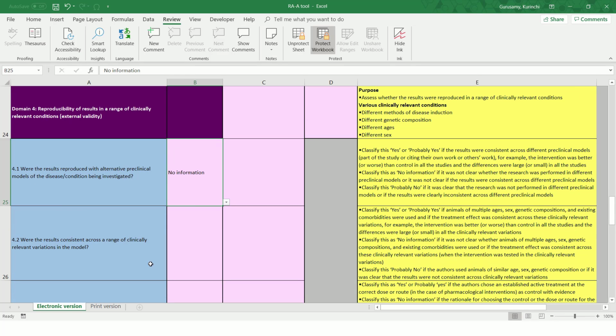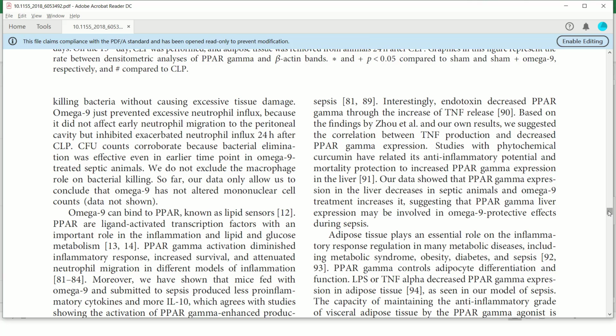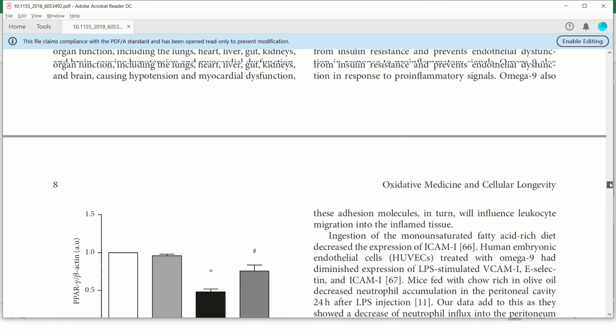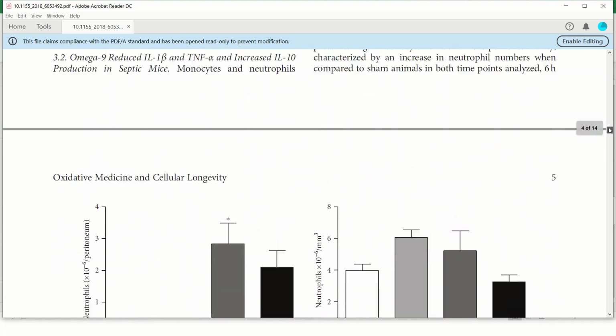Okay, so now next is, were the results consistent across a range of clinically relevant variations in the model? For the first time, we are going to call it probably no. Why? Because they have only used male mice, and of a certain weight. That's very, very specific.